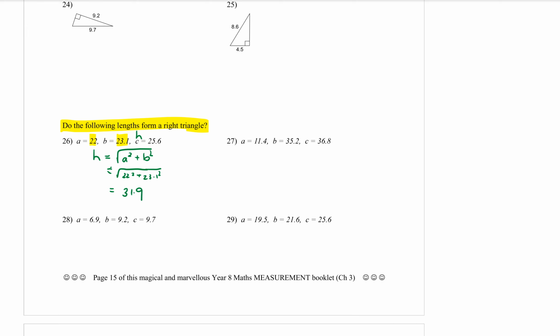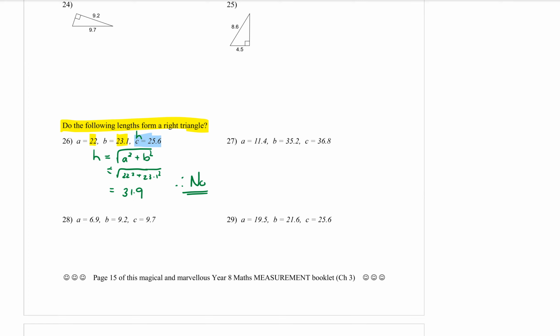Now, did I get the same thing as that third side there? No. So that means it is not a right angle triangle. So I'm just going to write, therefore, no, it is not a right angle triangle. Only if you get the same number at the end there as the C here, is it a right angle triangle. Okay, so there's a couple more there for you to try.